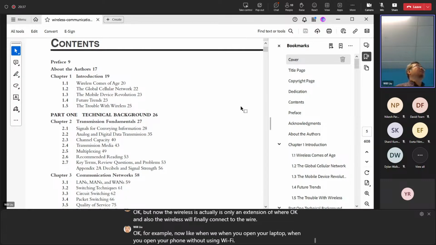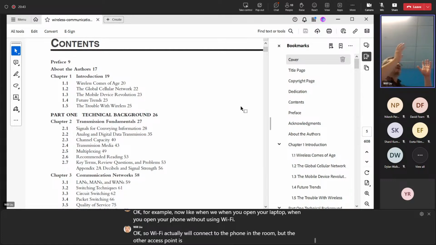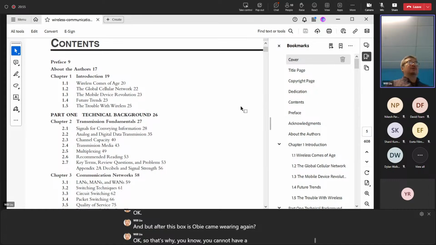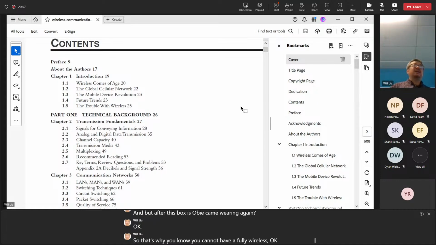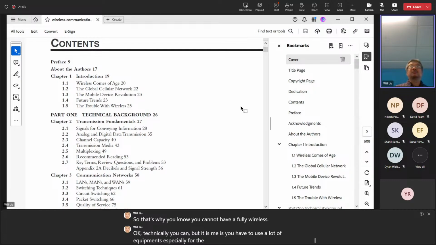The Wi-Fi connects to the access point in the room. The access point is usually a box hung on the roof, or sometimes under the roof. But after this box, it all becomes wired again. That's why you cannot have a fully wireless network. Technically you can, but it means you have to use a lot of radio equipment.